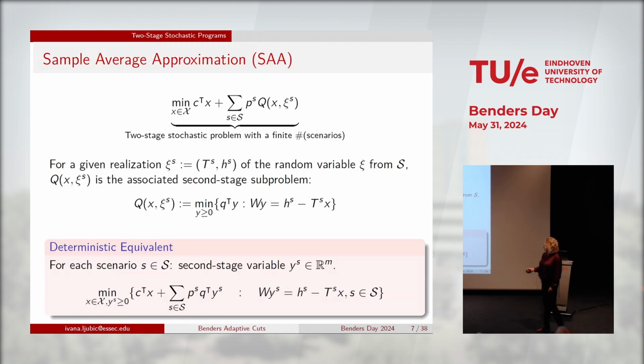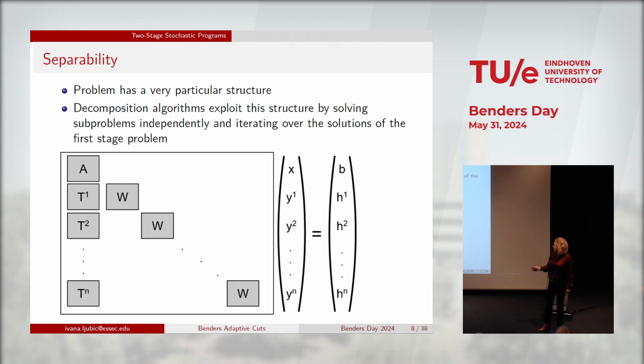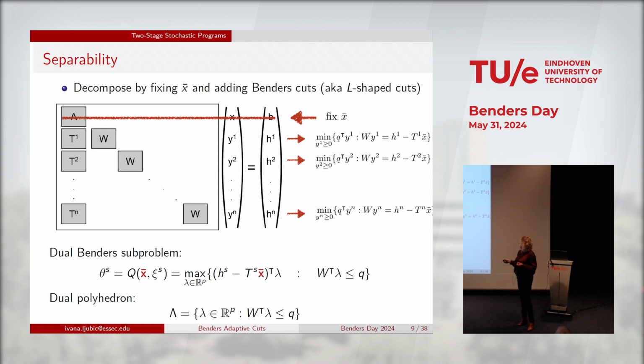So if you look at this deterministic problem, and then if you look at the constraint matrix, then you realize that we have this nice block angular structure that we are going to exploit. So if we would fix the value x, which is the value of the first stage decision, then suddenly the whole problem will decompose into as many subproblems as the number of scenarios that we have.